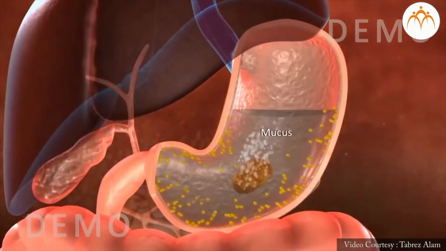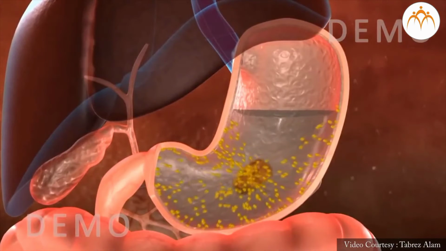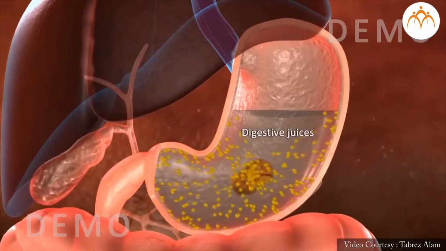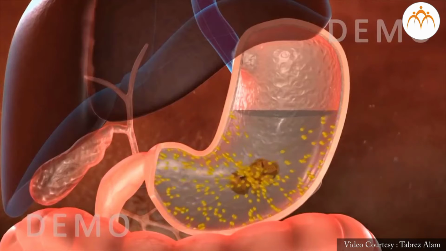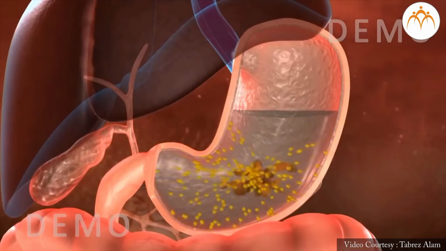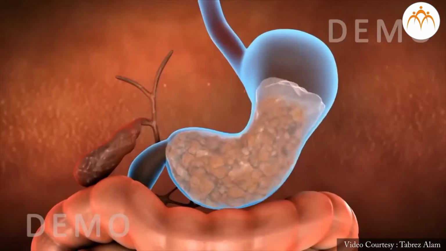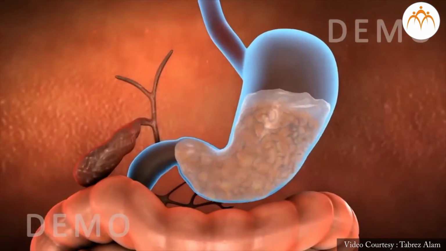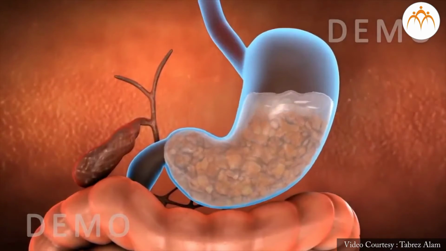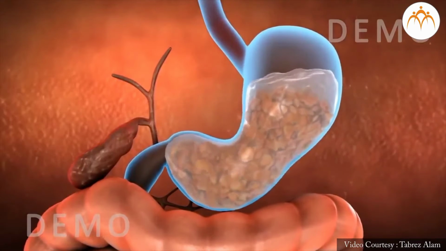The stomach produces a mixture of chemicals and enzymes termed as gastric juice, which aids in the process of chemical digestion. This gastric juice is produced and secreted into the stomach by the gastric glands present in the wall of the stomach. The glands are made up of epithelial tissues, and the granular epithelial cells produce the components of gastric juice.